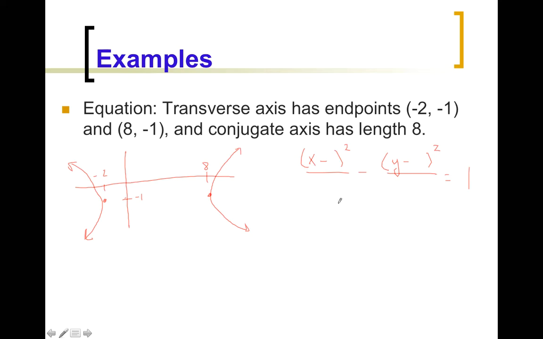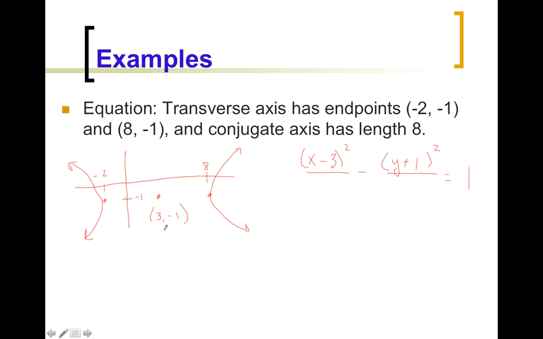But we can say, okay, the transverse axis has endpoints, which means the center has to be halfway between those 2 points. And since the distance between is 10, that tells me that this point is 5 units from 8. So it's at the point (3, -1). And you'll notice that's actually halfway between the 2 points. So that's an x minus 3, and that becomes a y plus 1. That's pretty easy.